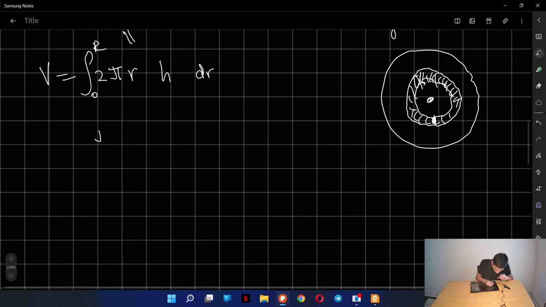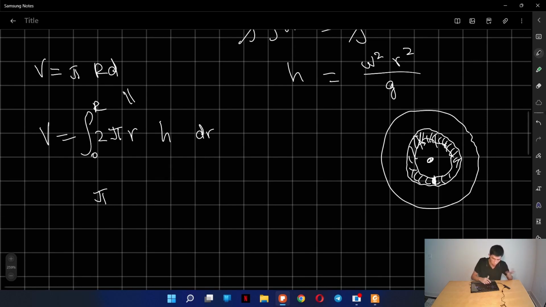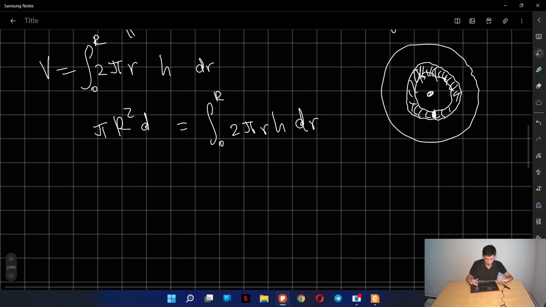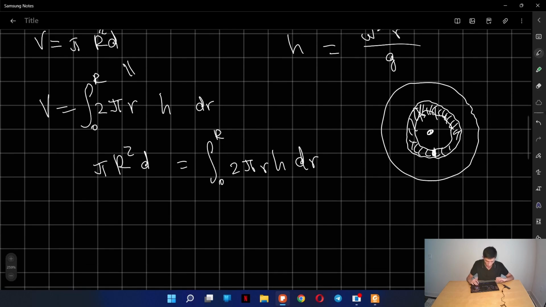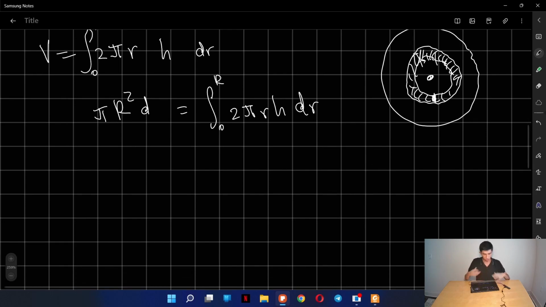And what we said before is these volumes should be equal to each other. So what I'm going to write now is pi r, oh, here I noticed a mistake. It is not pi squared r, but pi r squared. So pi r squared d is going to be equal to the integral from 0 to R of 2 pi r h dr. Okay, so I'm going to change the formulation of our equation a bit.